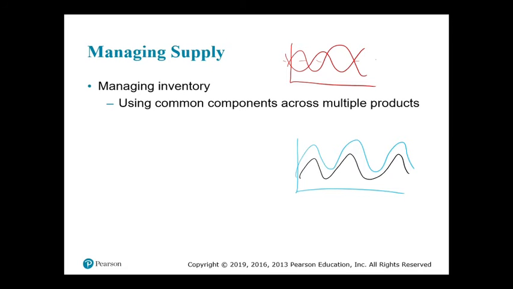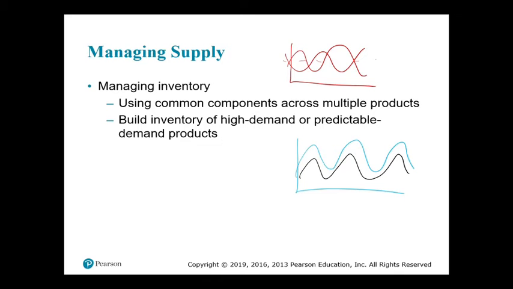So in that case, what we do is differentiate inventory for predictable demand products from unpredictable demand products. For predictable demand, we can build seasonal inventory ahead of demand peaks, because there are few changes that we expect during the production lead time.